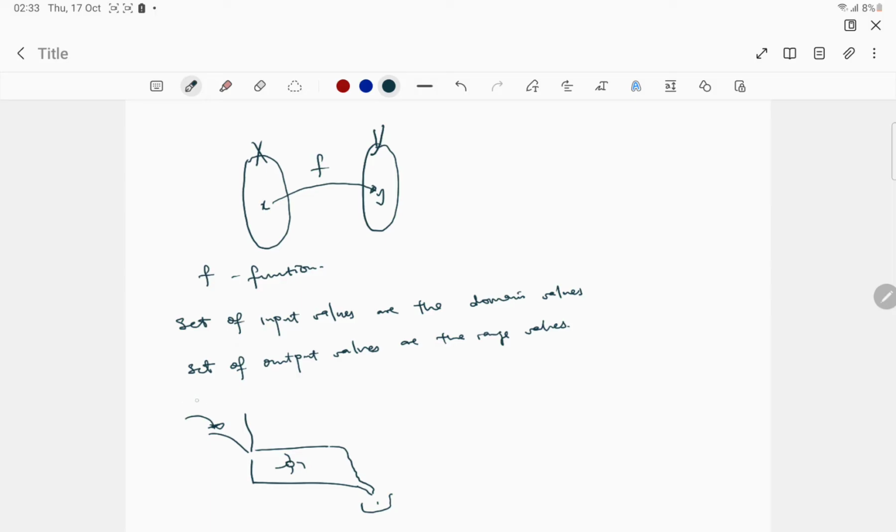So we're going to take this one as our domain inputs, and this one is the range, the output. So input domain values to output the range values. That is a function.